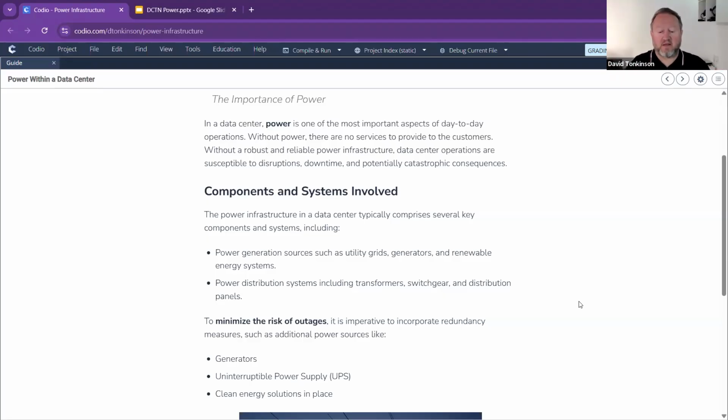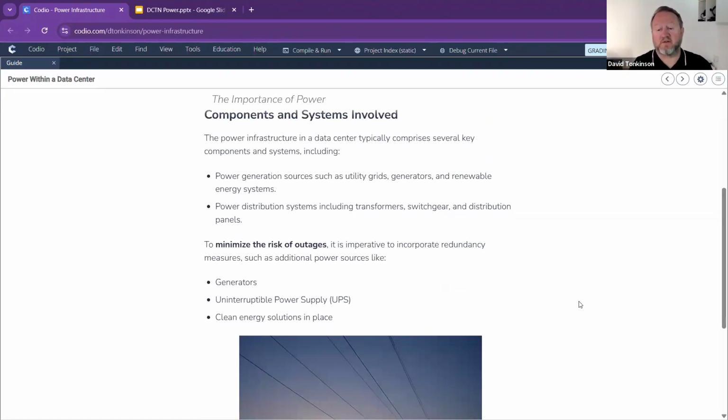Additional components include power generation sources, such as your utility grid, generators, and renewable energy. But we also need to distribute that power within the data center. So we have power distribution systems such as transformers, switchgear, and distribution panels. We'll go into those in more detail as we get through the lecture. The whole idea when thinking about power within the data center is to minimize the risk of any form of outage. So it's important to think of redundancy, redundancy, and redundancy is literally what we're going through.